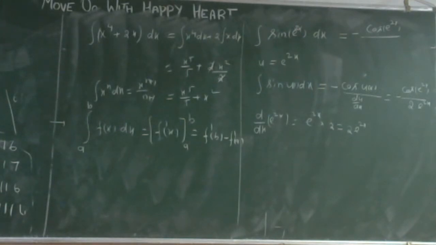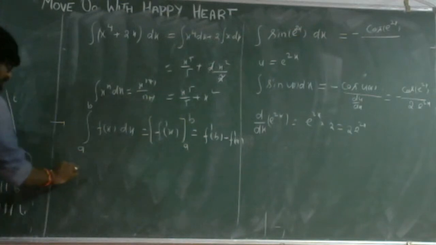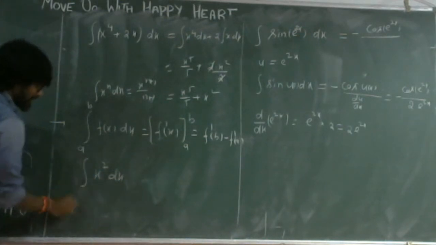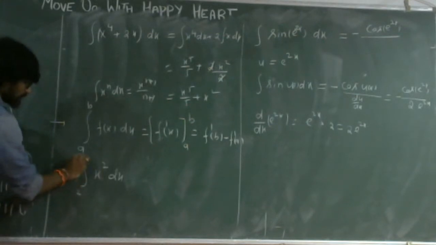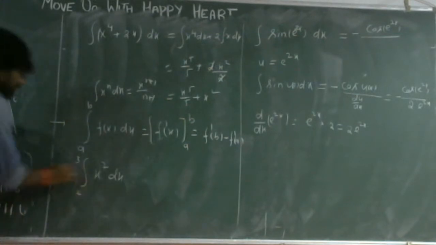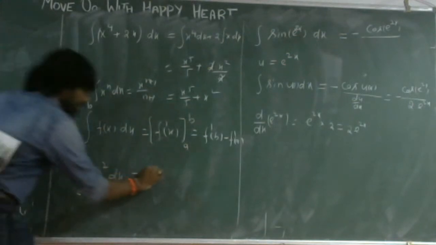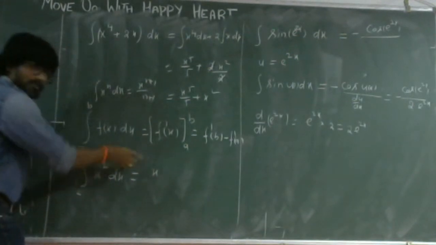Let me give you a few simple examples. The integral of x square dx, where x goes from 2 to 3, is equal to what? x square dx gives x cube by 3, x power 2 plus 1 by 2 plus 1.